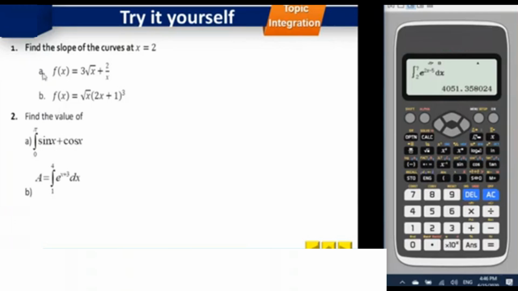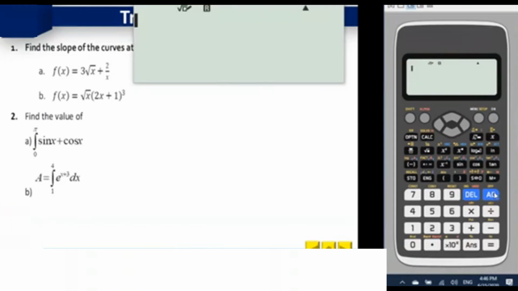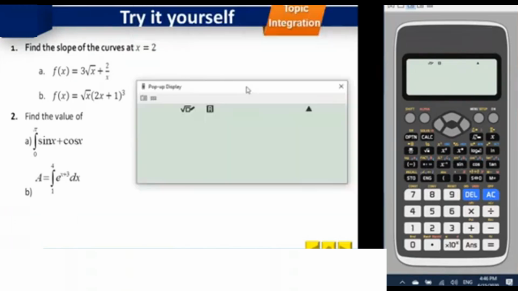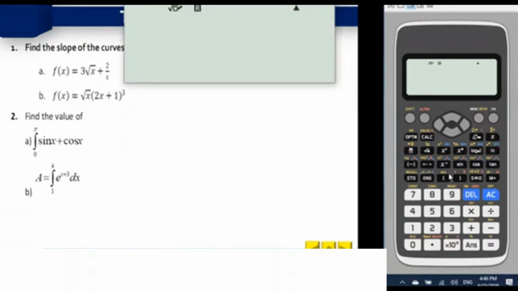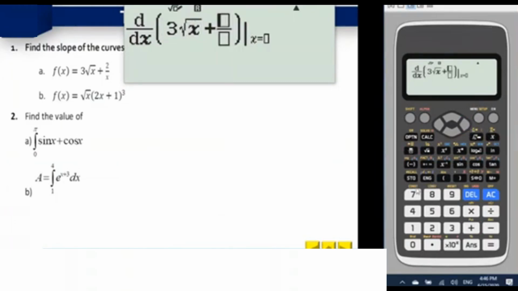So the first question says find the slope, and in order to find the slope we need to differentiate. We are not supposed to integrate. So please read the question carefully. So find the slopes of the curve at the point where x is equal to 2. So I will press shift dy by dx, 3 under root x plus 2 upon x, and the value of x is 2.